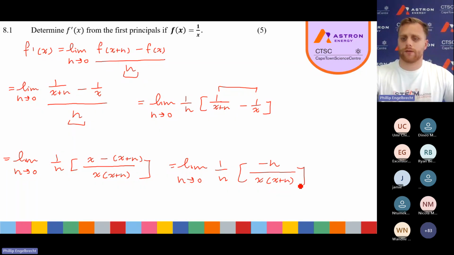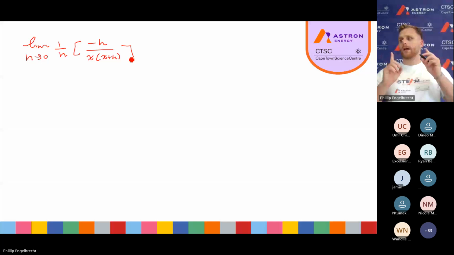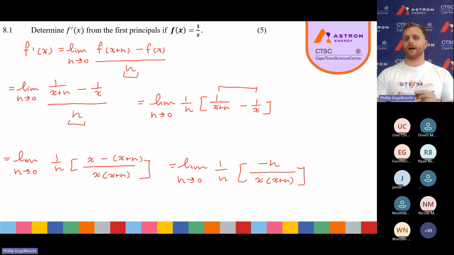So just to recap, I have the limit as h tends to 0 of 1 over h times negative h divided by x times (x plus h). Okay, so that's what I've gotten. Now look here. I'm just going to go to the next slide. You guys can copy it now.